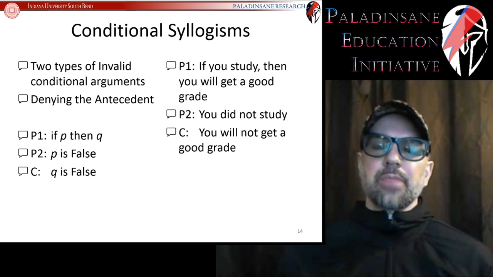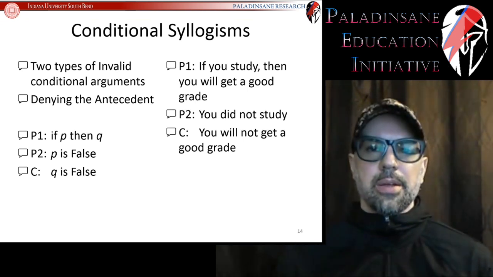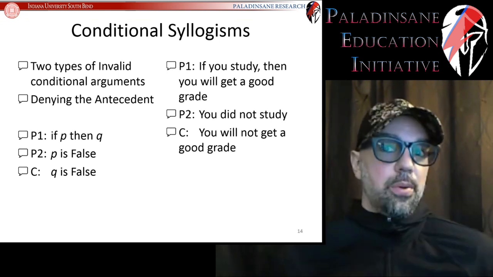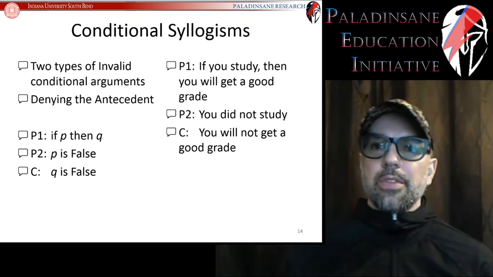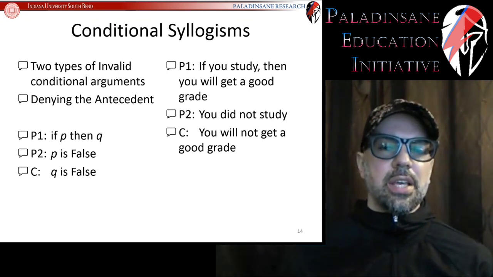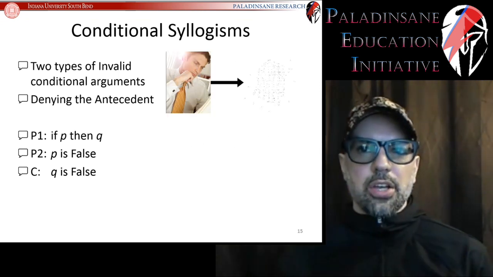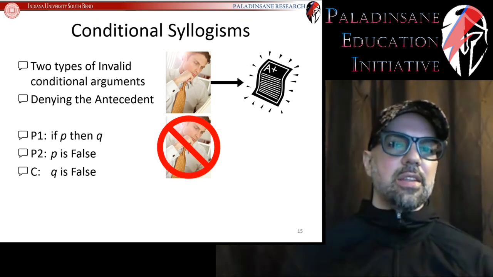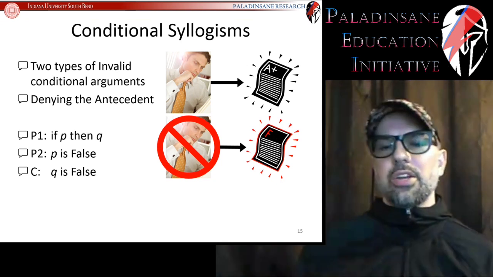So premise number 1, let's put some context on this. Premise number 1, if you study, then you will get a good grade. Premise number 2, you did not study. The conclusion, what we're tempted to conclude, you will not get a good grade. However, this conclusion is not guaranteed because even if the rule is, if you study, then you will get a good grade, and you did not study, that does not guarantee that you will get a poor grade because the rule is if you study, you will get a good grade.